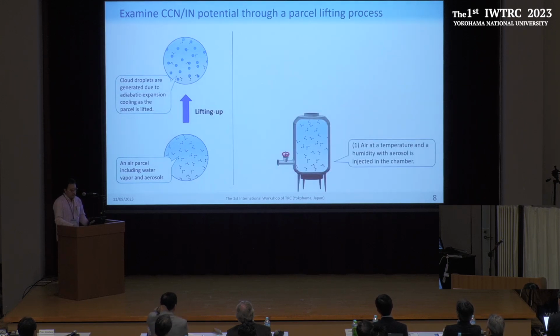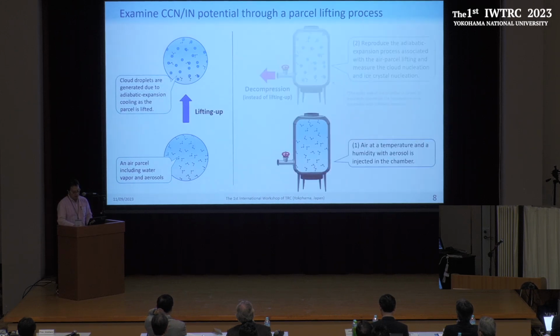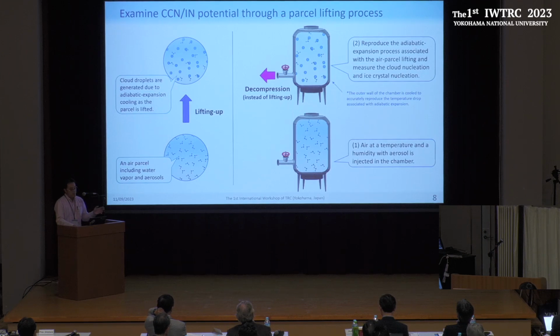First, the air at a given temperature and humidity is injected into this chamber, and also the artificial aerosols are injected into this chamber. Then the expansion is applied to this chamber, so the adiabatic expansion process associated with the air parcel lifting is reproduced inside of this chamber, and we can measure the cloud nucleation and the ice crystal nucleation.